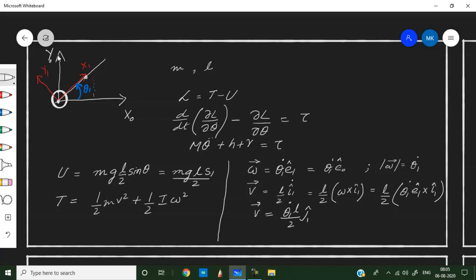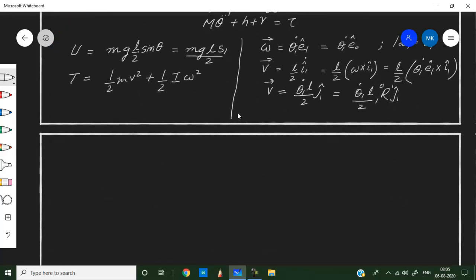Since J1 is in frame 1, we can put it in frame 0 again by doing it like this. So it will be theta 1 dot L by 2, and you need a rotation matrix that transforms J1 from frame 1 to 0.